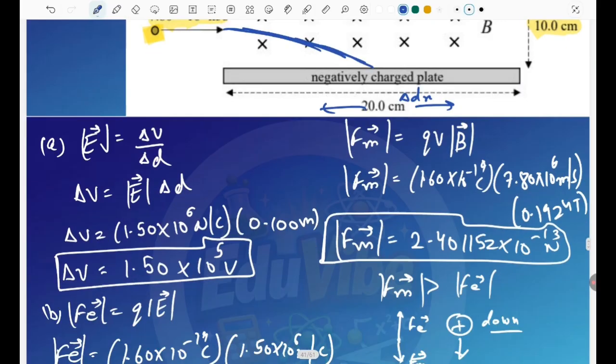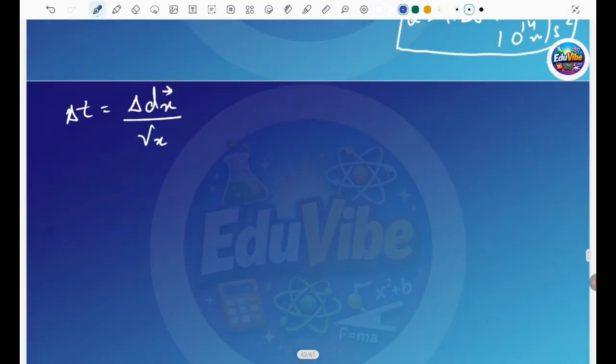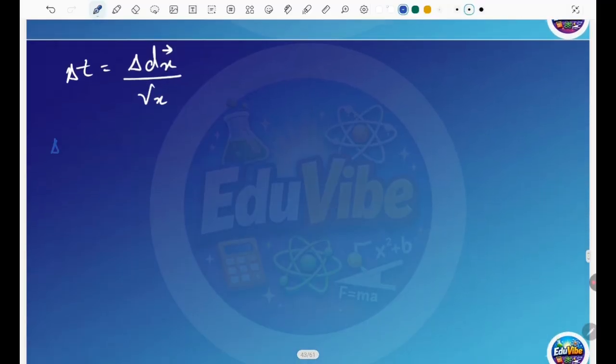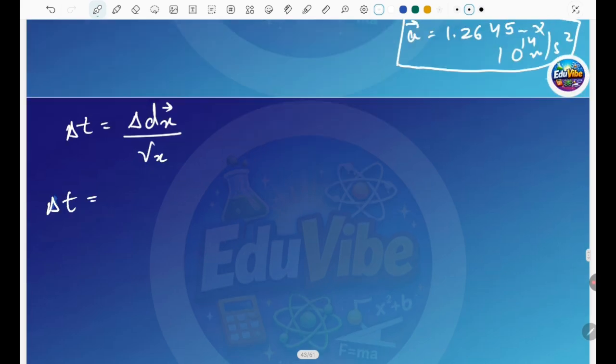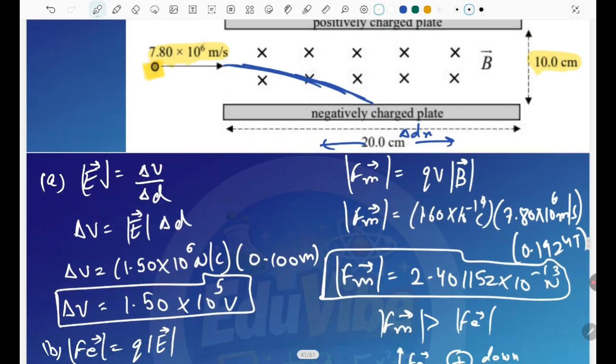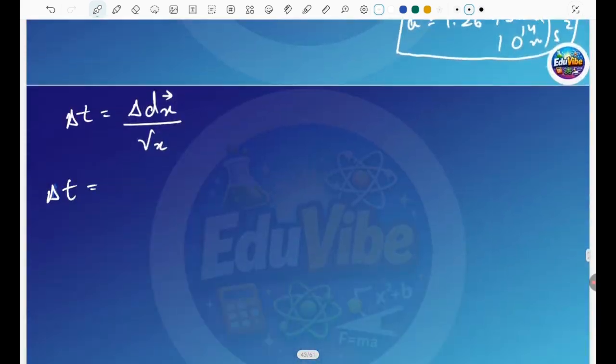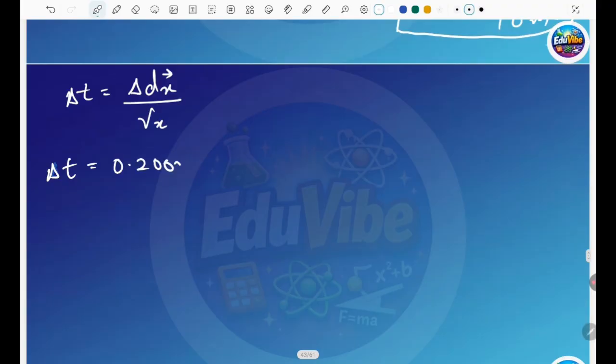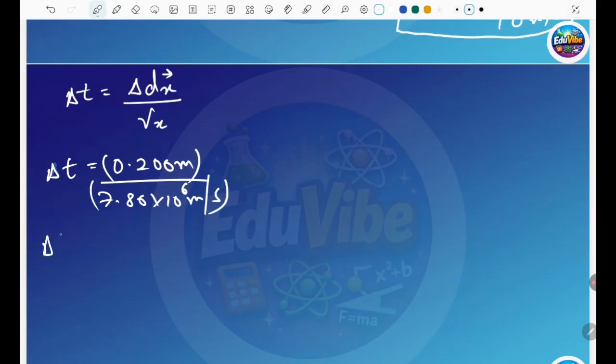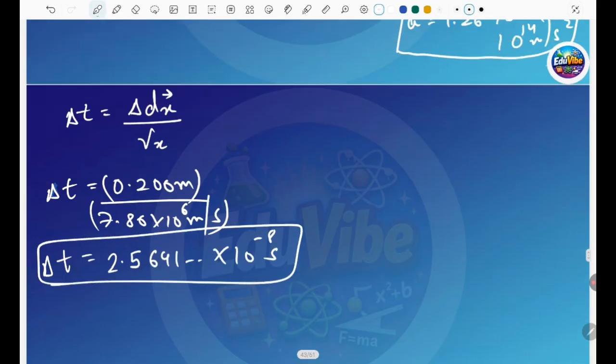So with the help of this, we can find the t. So delta t is equal to delta dx, which is in centimeters, so 20.0 centimeters, which is 0.200 meters, and your vx is 7.80 into 10 raised to power 6 meters per second, and you get your delta t of 2.5641 into 10 raised to power minus 8 seconds.